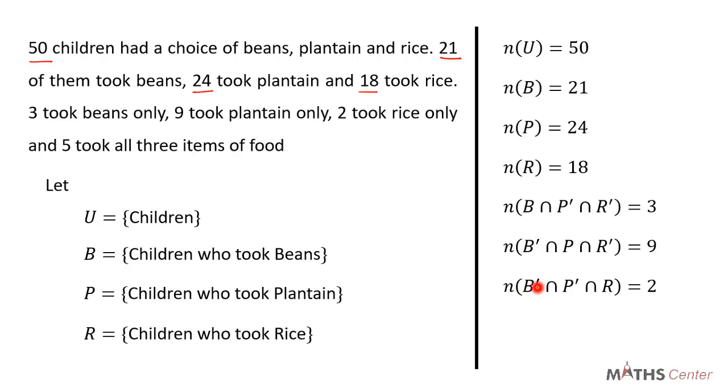So number of B complement intersection P complement intersection R is 2. And 5 took all 3 food items. So number of B intersection P intersection R is 5. We now have the members that belong to the sets. Let's represent this on the Venn diagram.